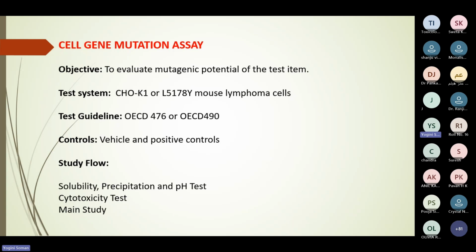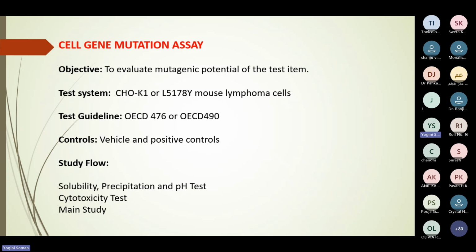Then the study flow is first solubility, then precipitation and pH test. Like in the in vitro micronucleus assay, it is necessary to conduct a solubility test first, and the preferred vehicle should be plain media or analytical grade water, that is aqueous media.